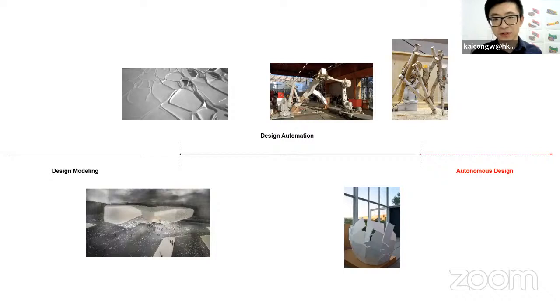I will try to explain my motivation by quickly introducing something before I connect it with robotic fabrication and robotic assembly. I always keep myself updated with all these new design technologies, either computing or fabrication tools. But at the same time, I was also thinking about their role and impact on our design process.